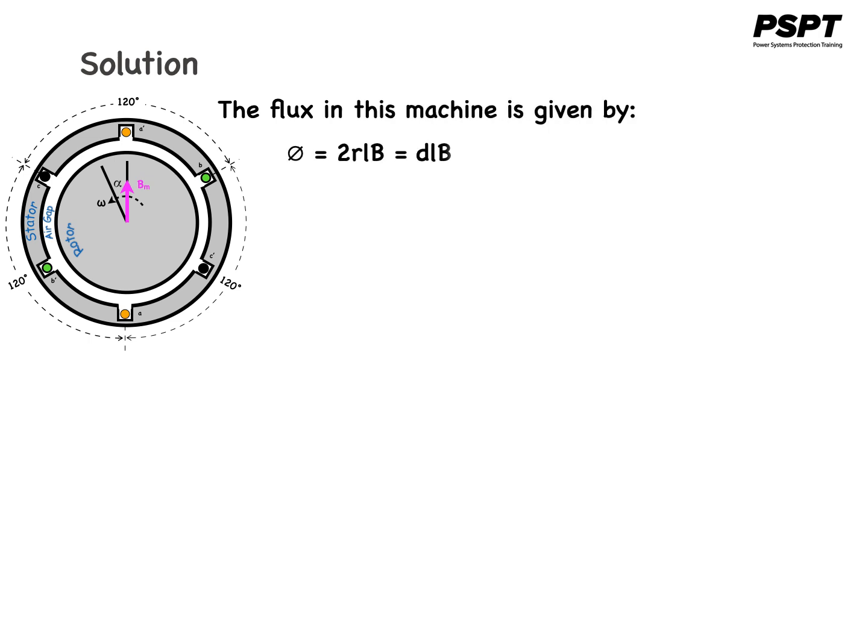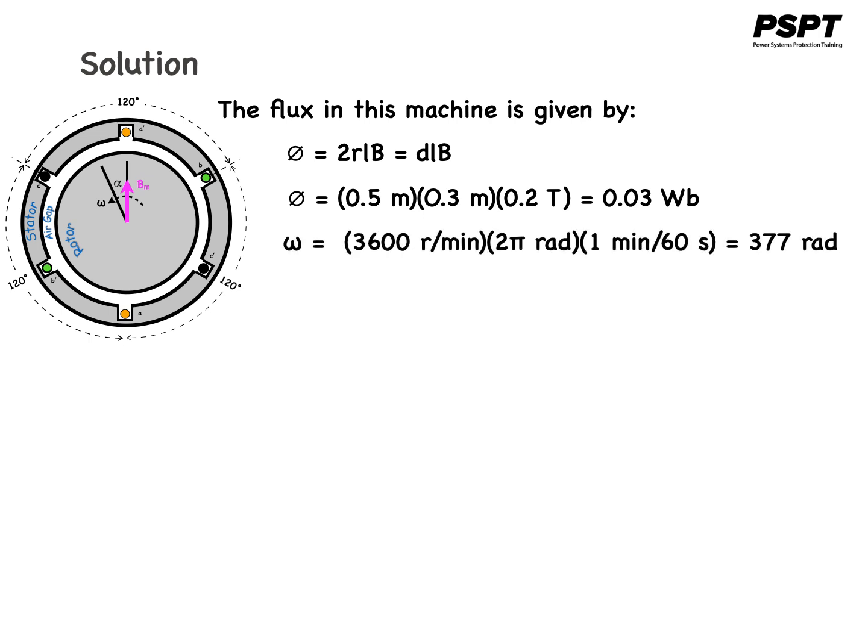The flux in the machine is given by 2 times the radius of the rotor times LB, which is equal to the diameter of the rotor times LB. As I said, D is the diameter and L is the length of the coil. Therefore, the flux in the machine is 0.5 times 0.3 times 0.2, which is equal to 0.03 Webers.